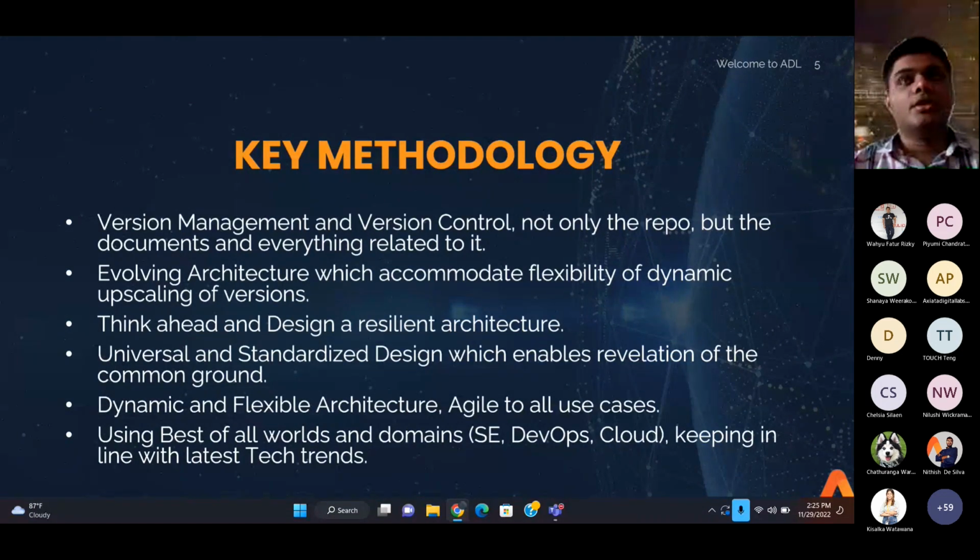So the thing is, the time invested initially is actually worth investing, and a complete rebuilding is not required. There should be pathways and open areas which should be dynamic and flexible and also agile.